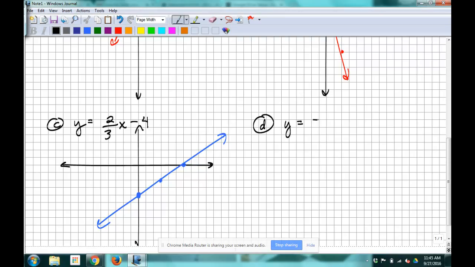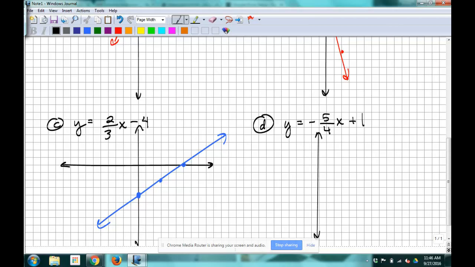y equals negative 5/4 x plus 1. And that negative, your book is going to put out in front of the fraction, not on the 5 or on the 4, saying it's a negative fraction. What I want you to do when you think about graphing that is put that negative with the numerator.